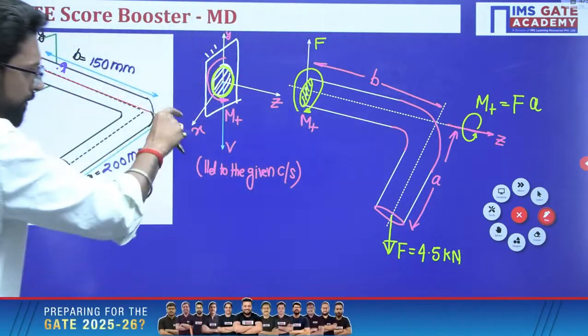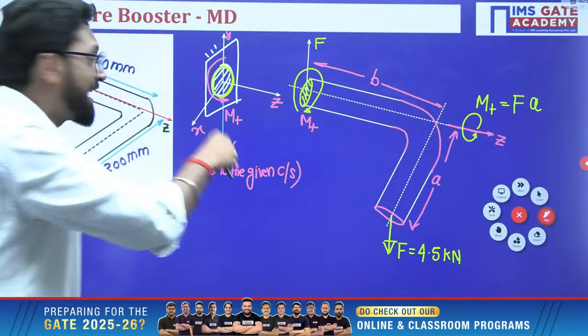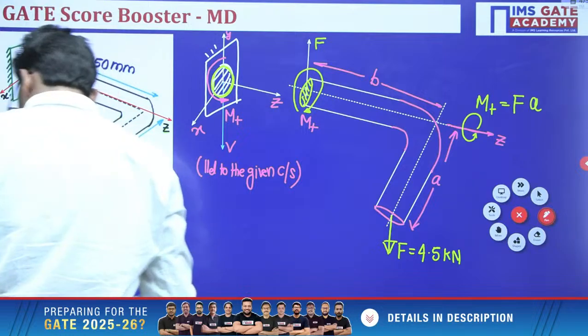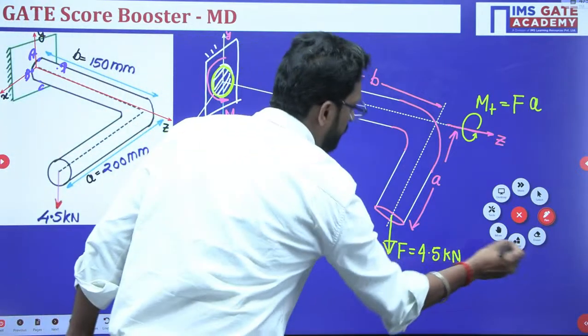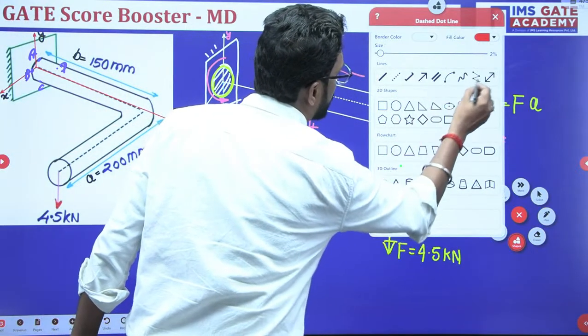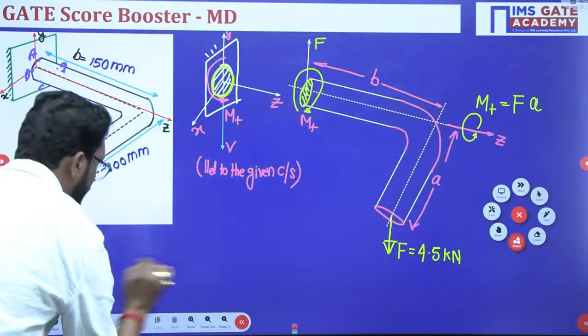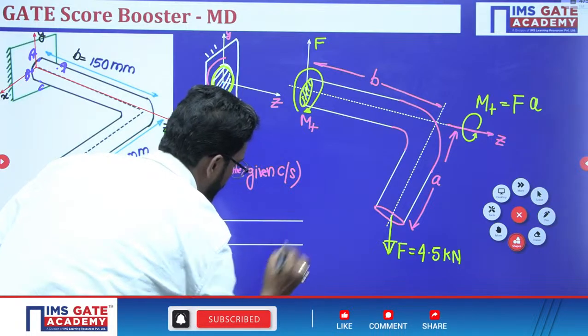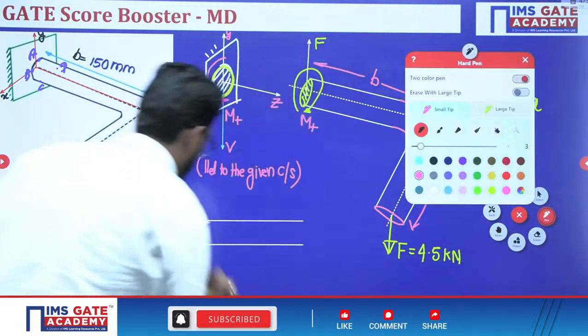Now, on this beam there is a direct load applied, which is your bending effect. Let's suppose there is a shaft, this end is fixed.